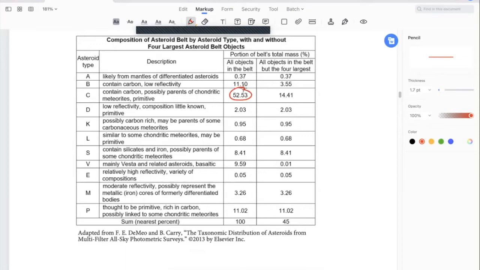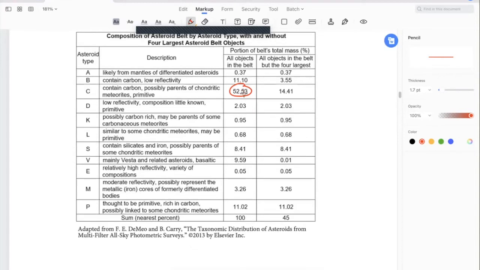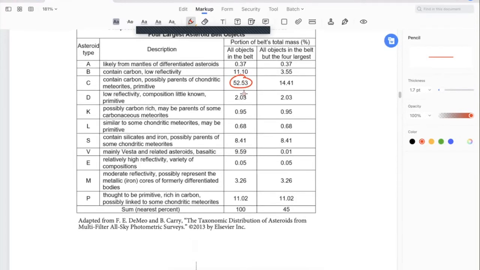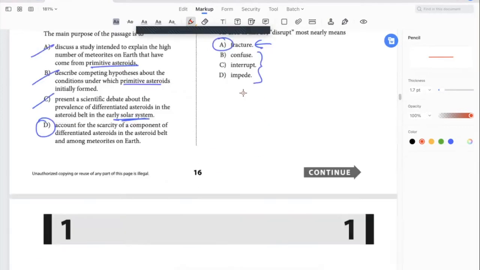It's this, right? All objects in the belt, but the four largest. Okay, so the majority of the mass comes from here. So yeah, these are primitive asteroids, right? They are possibly parents of chondritic meteorites.